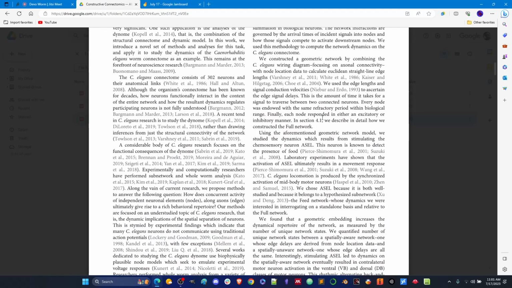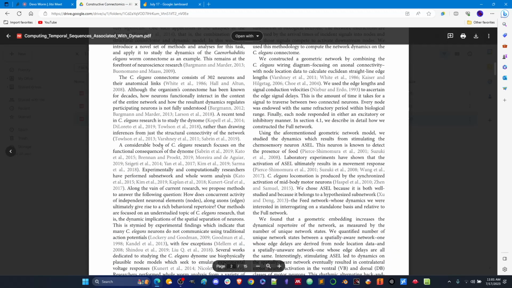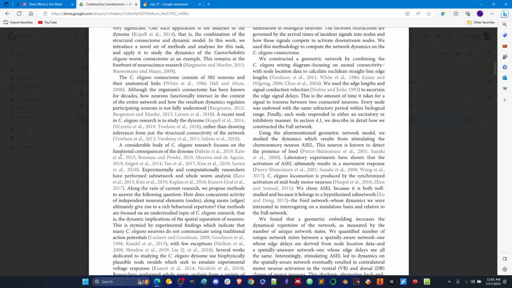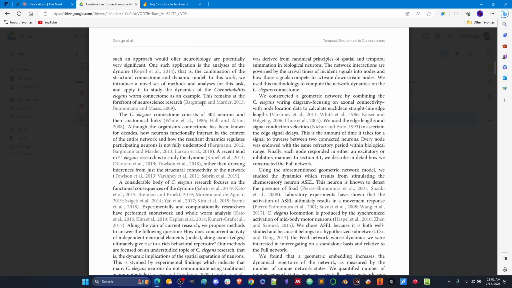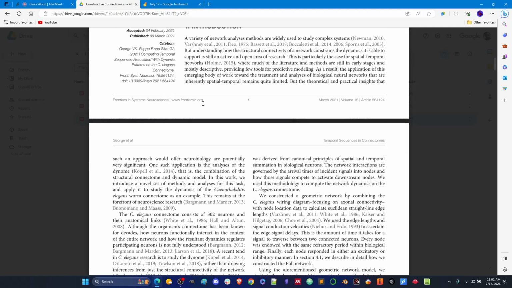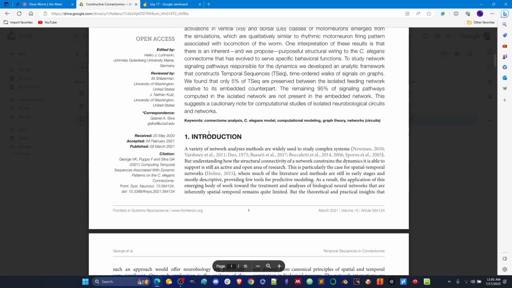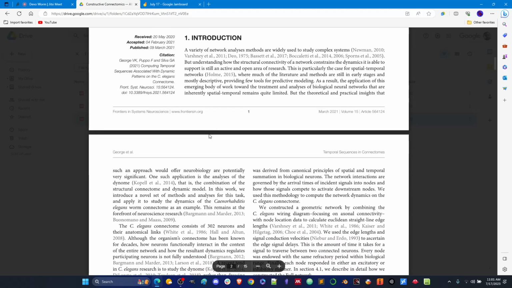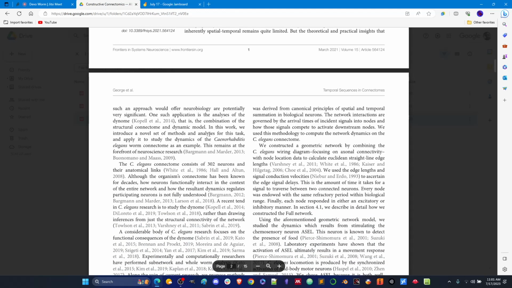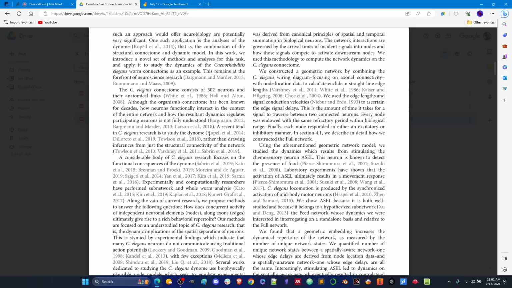So, something they talk about here is the functional consequences of the dynome. I guess the dynome is like the dynamic aspects of the connectome, which is really interesting because I've not heard that word used before, but they actually talk about it in the paper here, and it's kind of their point.